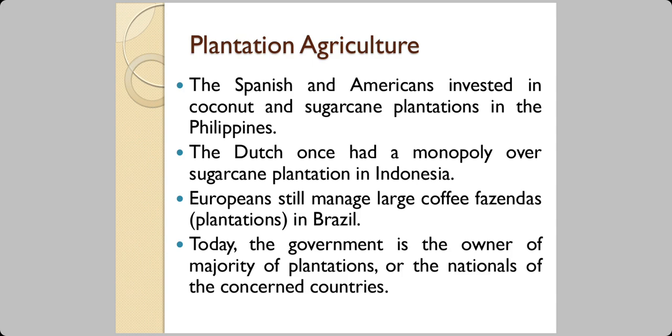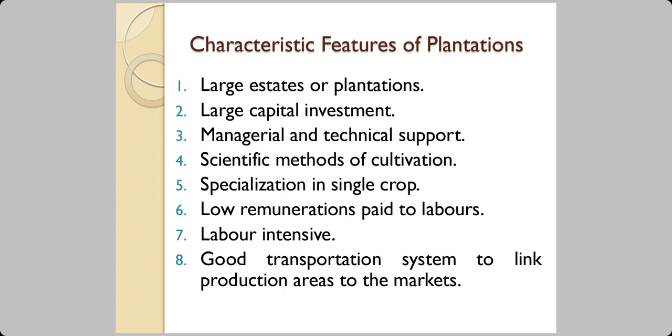The Dutch once had a monopoly over all the sugarcane plantations in Indonesia. Europeans still manage what they call fazendas, or plantations of coffee, in Brazil. And today, either the government of the country owns such plantations or the nationals of these countries own the plantations.